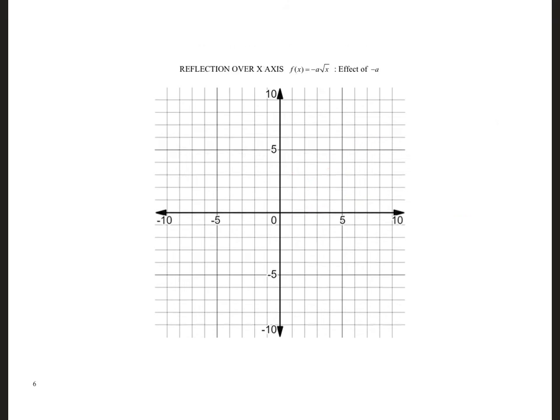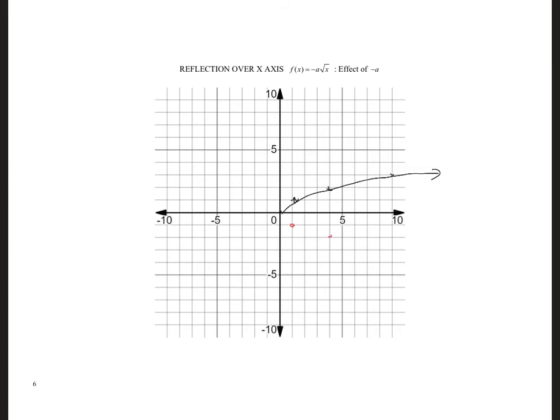Okay, here, reflection over the x-axis. Again, I'm going to start with the parent. Okay, so that's the parent function. I did not do it very accurately. And then I'm just going to reflect these points across the x-axis.